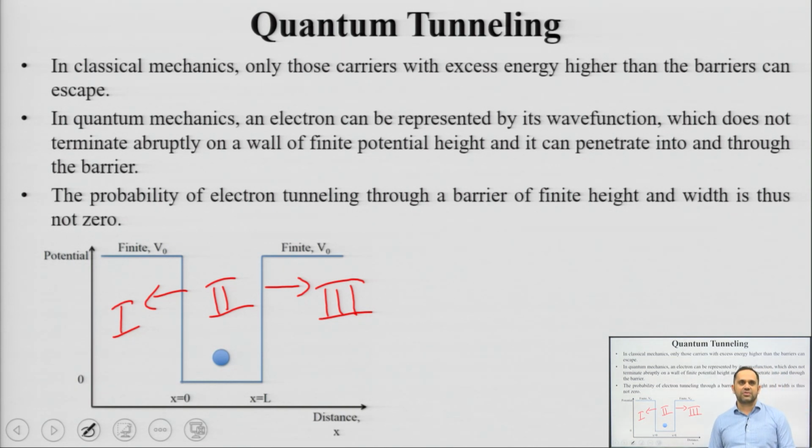The solution of Schrodinger's equation gives you the expression for psi, and you would see that in the regions outside this barrier, psi does not terminate abruptly, but can exponentially decay.